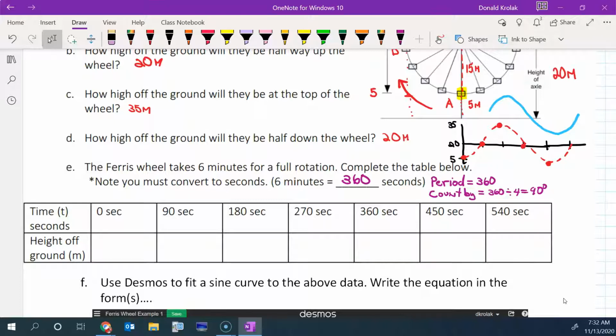So this first red dot, that's 0 seconds. I'm at 5 meters. Then my next dot is going to be 90 seconds, and I'm at 20 meters. My next one is 180 seconds, and I'm at 35 meters. Then 270 seconds, back at 20.